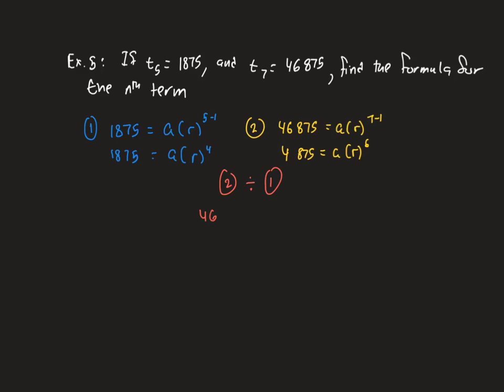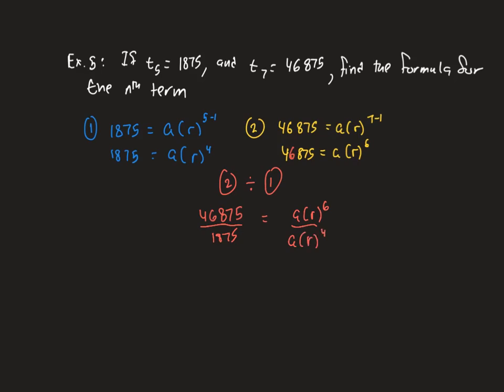So that should be 46,875. So 46,875 divided by 1875 is equal to ar to the power of 6 divided by ar to the power of 4.